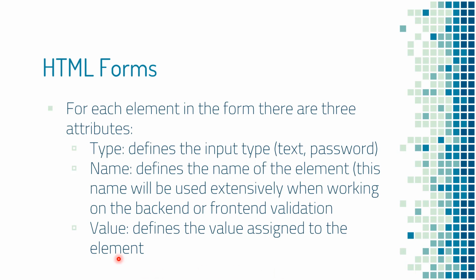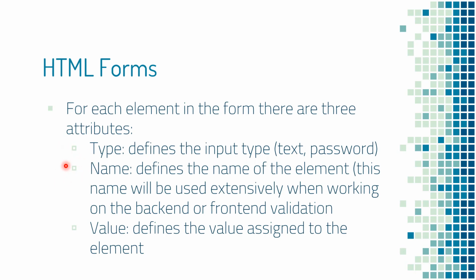The first attribute is the type. The type defines the type of the input. Do you want the input element to accept text, or upload a file, or be a password, for example, or a drop down list or drop down menu?